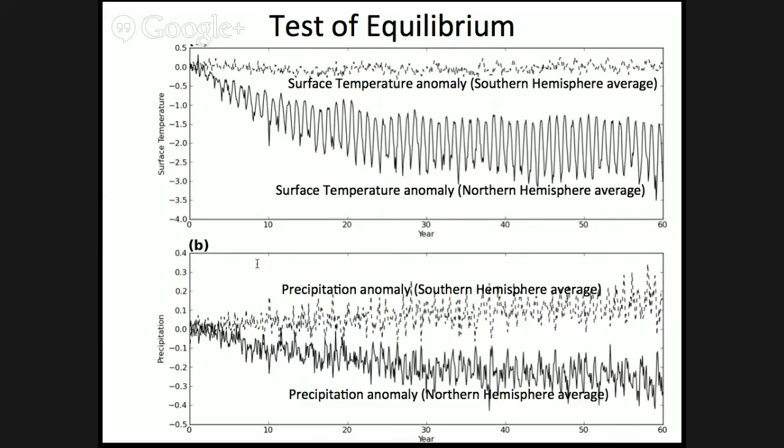So the time series of the temperature anomaly and the precipitation anomaly give us more confidence that an equilibrium state is somehow reached. This line is showing the surface temperature anomaly averaged over the northern hemisphere, and this line is showing it averaged over the southern hemisphere.